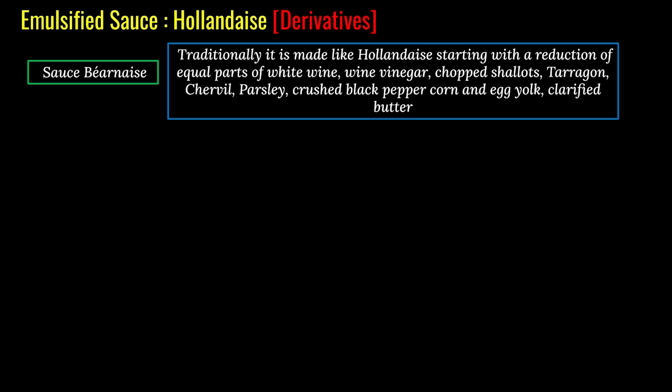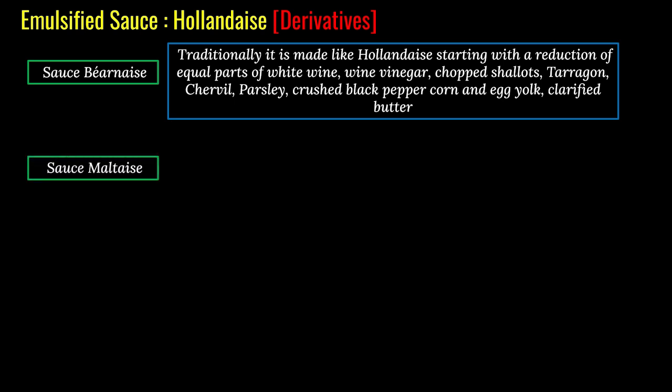So what is sauce mayonnaise? It is basically prepared like hollandaise, but the reduction process is a little different. The ingredients are added there: white wine, wine vinegar, chopped shallots, tarragon, chervil, parsley, crushed black peppercorn, and egg yolk, and then clarified butter, mixing and whisking on a bain-marie or a double boiler system. Your sauce will be ready.